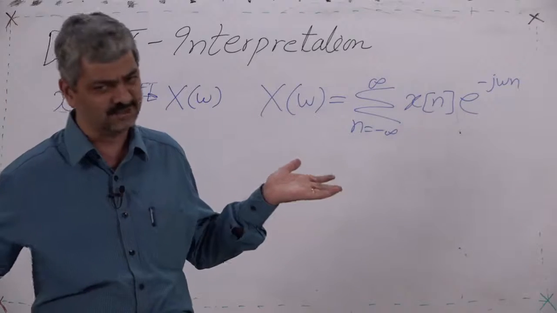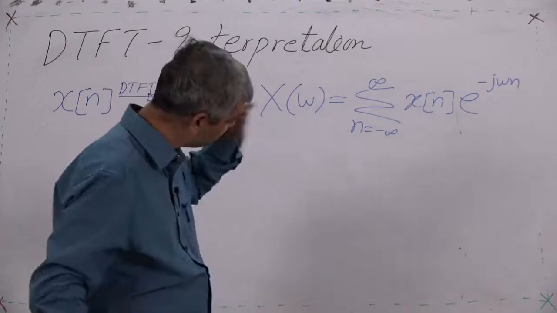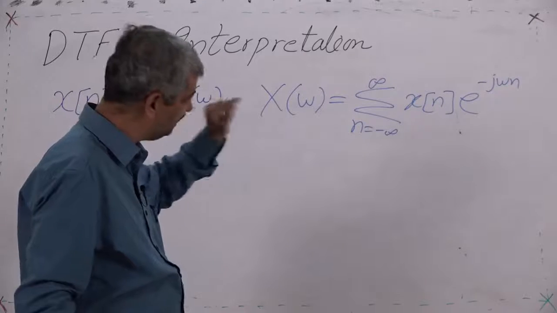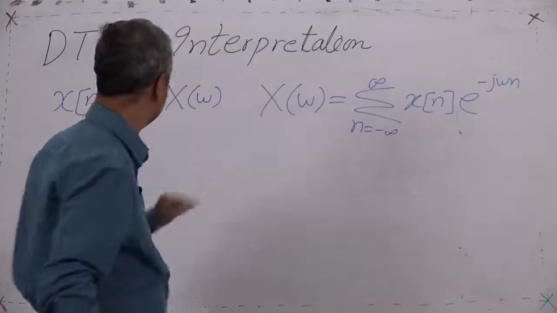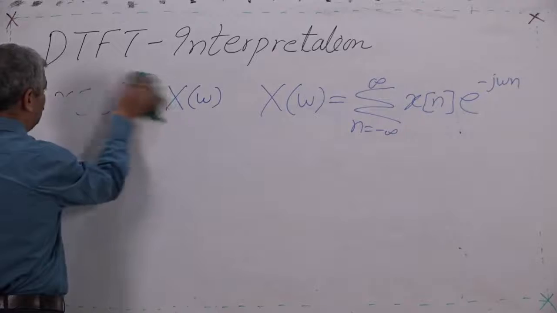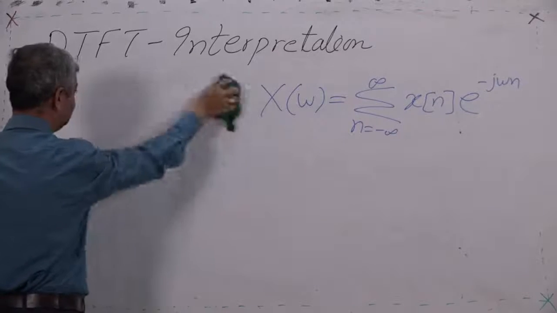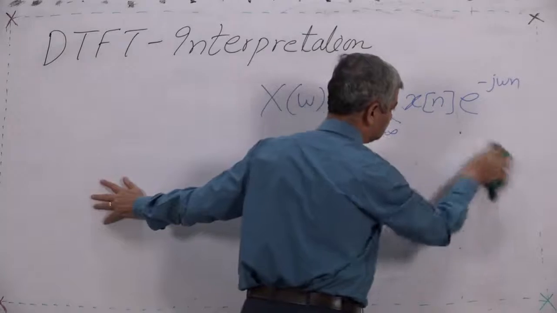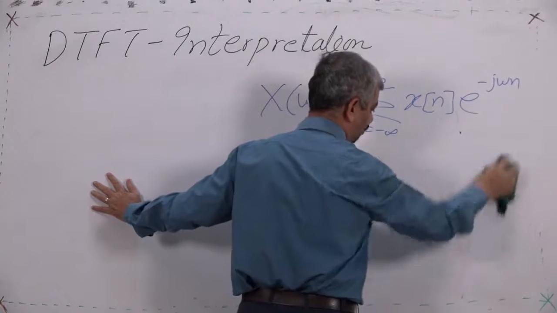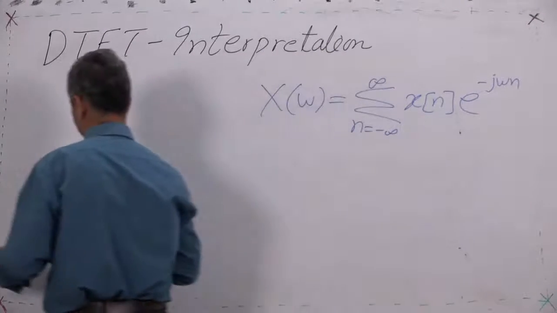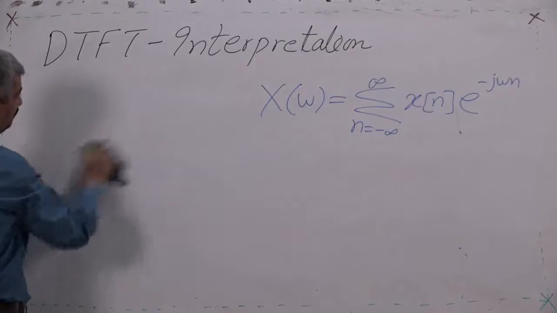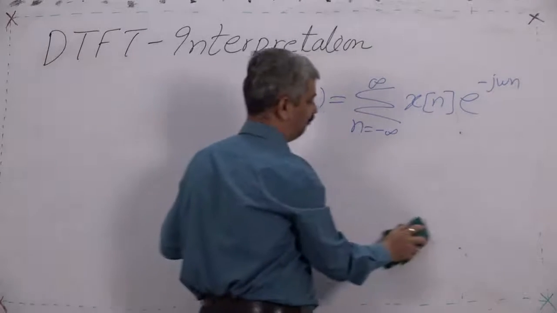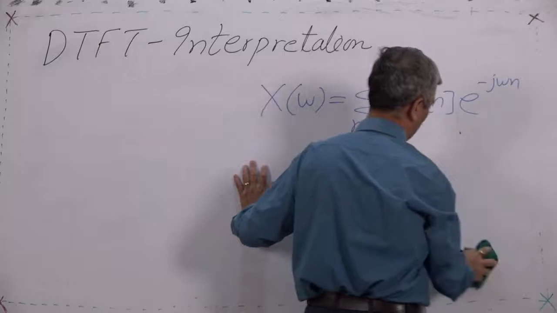But now there is no need of cos and sine, we can work on e raised to minus j omega n. What is e raised to minus j omega n? It is a peculiar function, and as I have repeated many times in class, it is a rotating point along the unit circle at an angular frequency of omega in anti-clockwise direction.